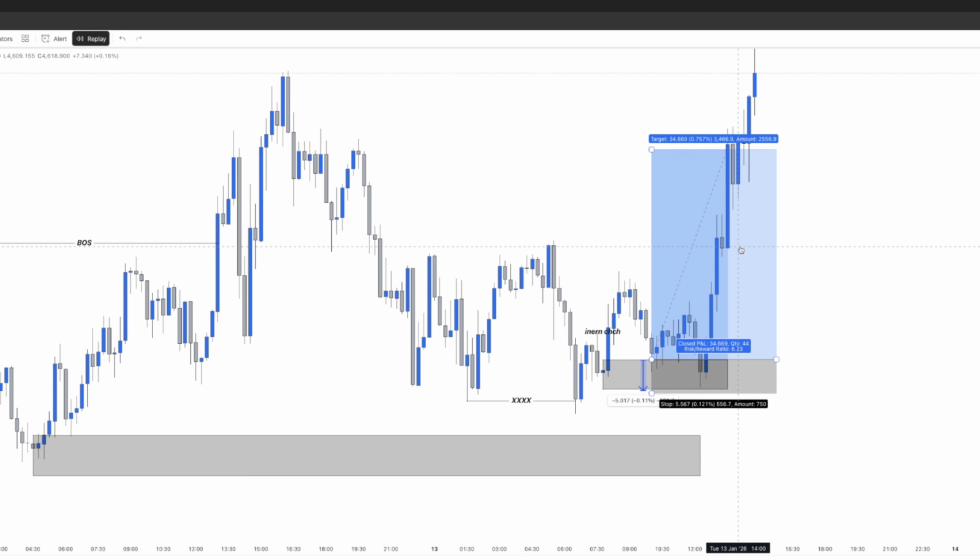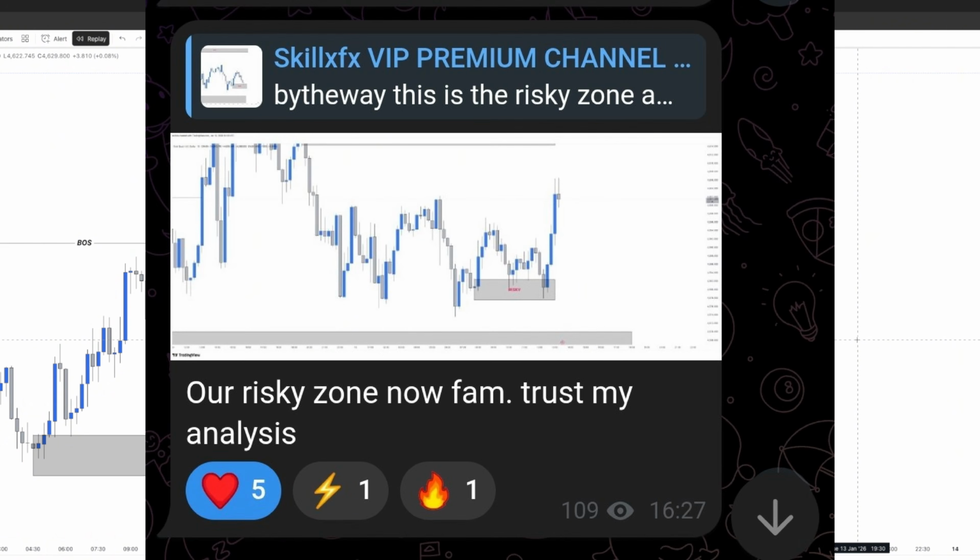So you should take care and take note of some zones due to how they look. So this is why I took this entry. You can see how I shared that entry in the VIP and we made some good profits.